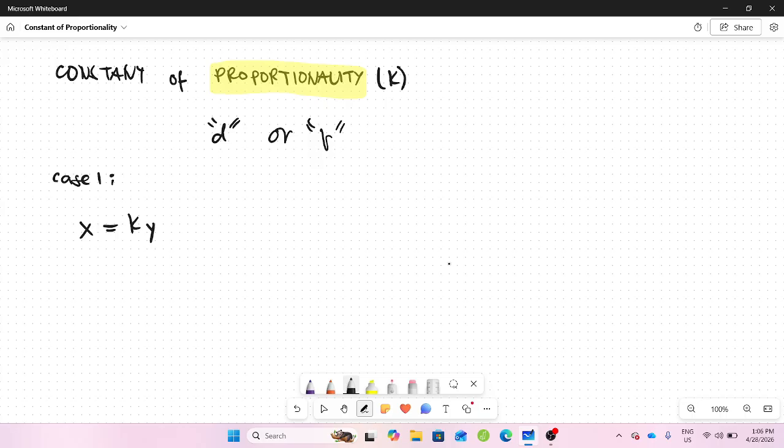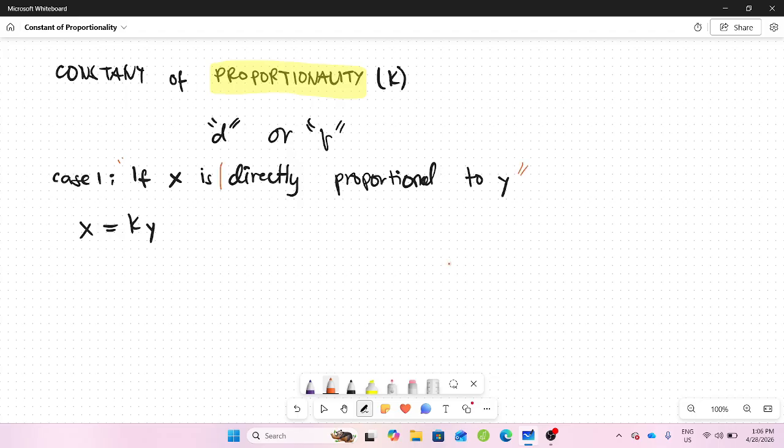So for case 1, it states that if x is directly proportional to y, I want to highlight these terms, directly proportional.